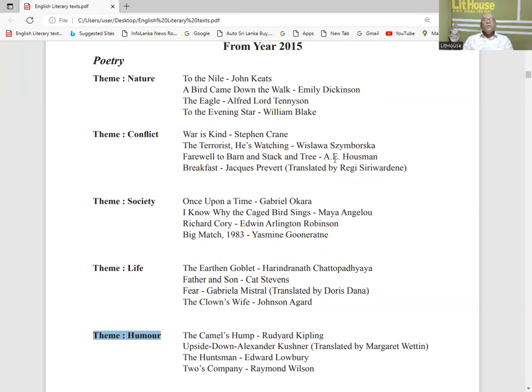Now, poems are divided into 5 themes. For each theme, there are 5 poems.